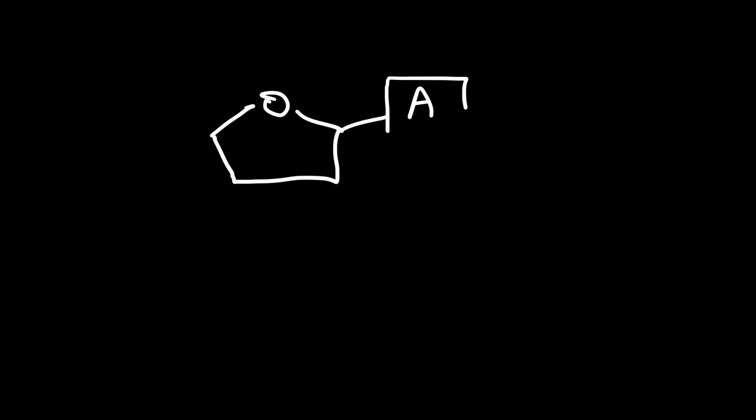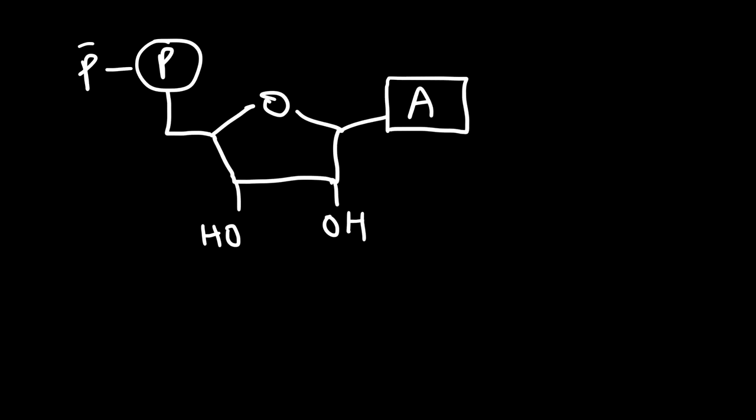Now let's try another example. So we're going to use the same nitrogenous base, adenine. But this time, we're going to have multiple phosphate groups. So let's say we have 3 of them, how do we name it now? So we're going to start by naming the nucleoside.